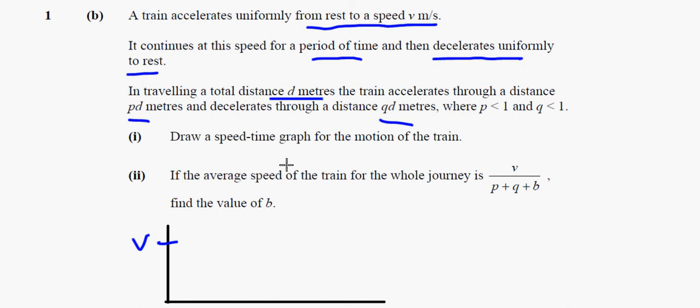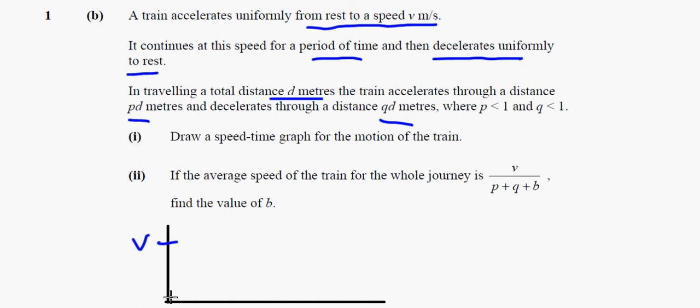Is there any extra information we can get out of the question? It continues at this speed for a period of time, then decelerates uniformly to rest. It doesn't actually tell us anything about the acceleration or deceleration, so there isn't any information about that. So I'm just going to draw the velocity time diagram as if they're the same as each other.